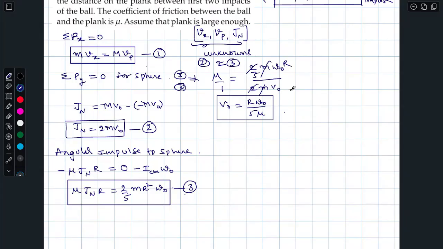Now how do we get Vx and V Planck? How do I get Vx? m Vx is mu Jn. m Vx is mu times Jn, 2mv0.